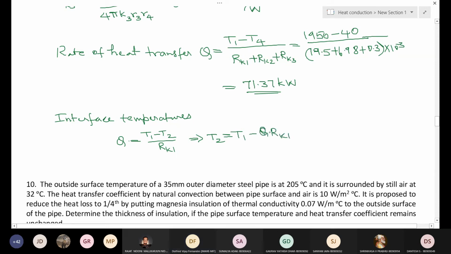Same way we did it before also. And for the second interface, T3, we can use Q equal to T3 minus T4 divided by RK3. And from this, we can write T3 equal to T4 plus Q into RK3.